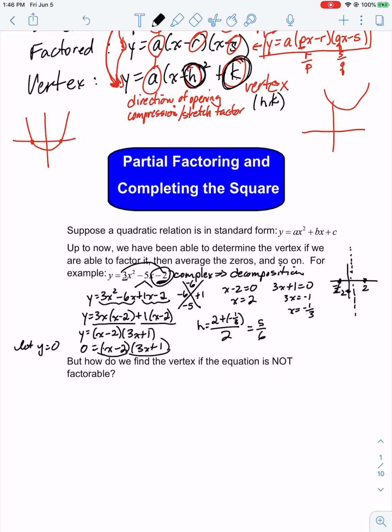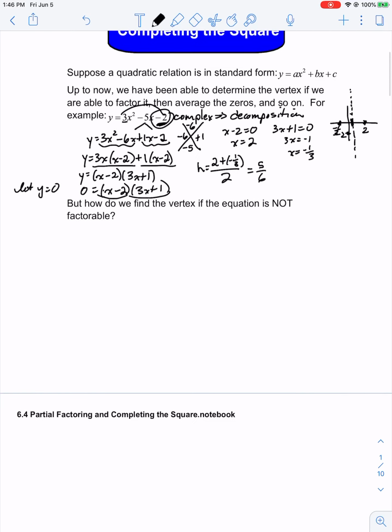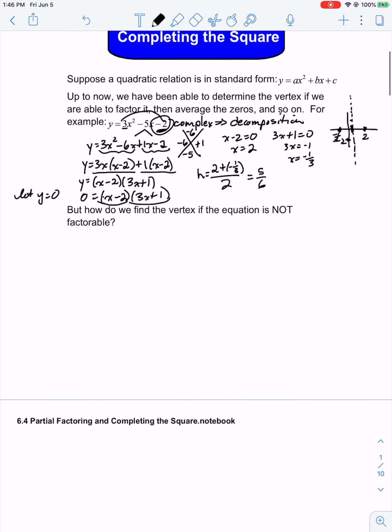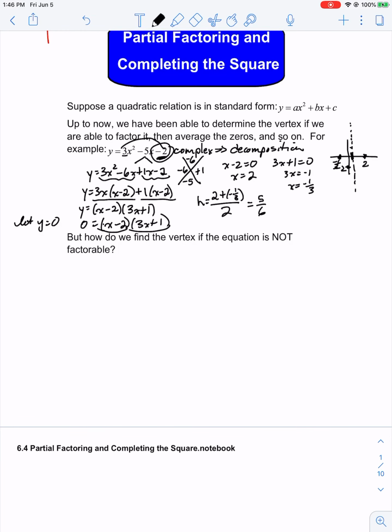And then to get the k is the y-coordinate of the vertex. So we know that this is happening at 5/6. And now what we need to do is substitute the 5/6 back into the equation, either this form of the equation, or it's actually maybe a little easier to put it in this form of the equation, and solve for y. So k will equal y when x equals 5/6.